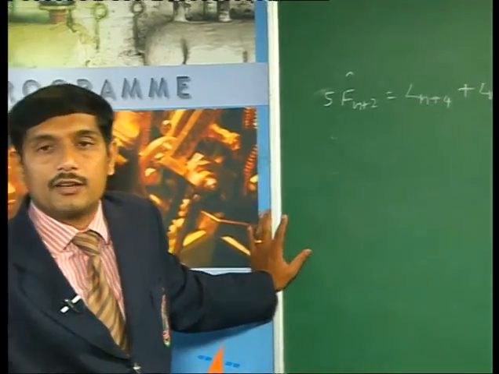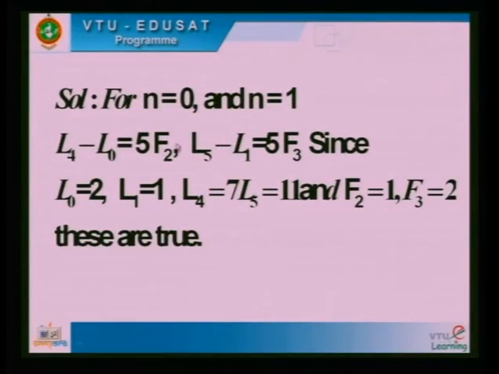L4 minus L0 equals 5 times F2. We already know the values of L4 and L5 that we calculated in the previous cases: L4 is 7 and L5 is 11.